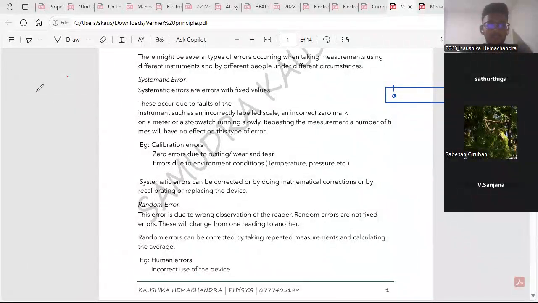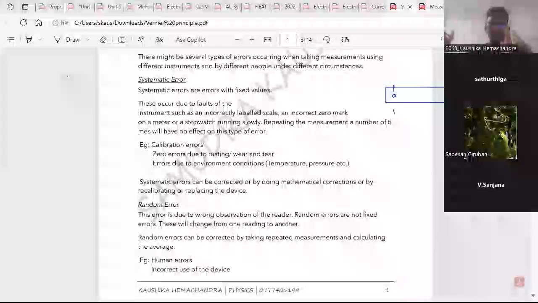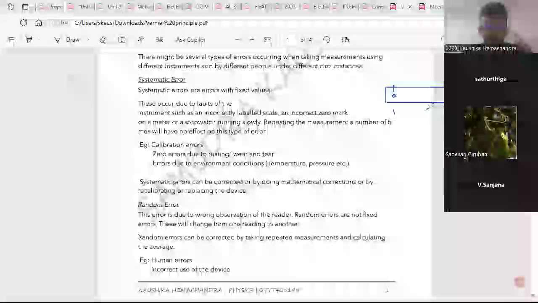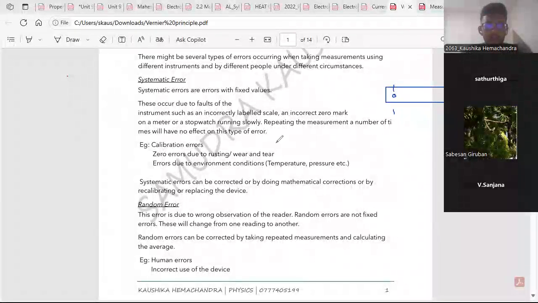But let's say the marking that they have given is incorrect, and actually the 100 centimeters should be marked somewhere further. The actual 100 centimeters length is more than what they have marked. But you don't know that when you take the reading. So whatever reading you take will be a wrong one, and we won't even know that it is wrong. Similar to that, systematic errors have fixed values.